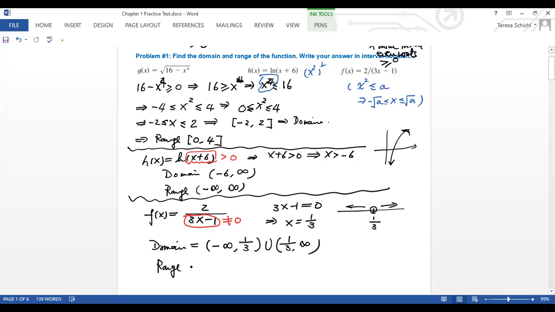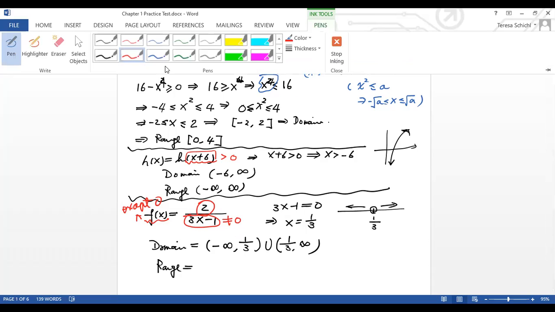For the range, this is a fraction, and because the top here is a constant, you will never be able to get 0. So f of x can be anything except zero, because the numerator is 2. In order for a fraction to become 0, the numerator has to be 0.